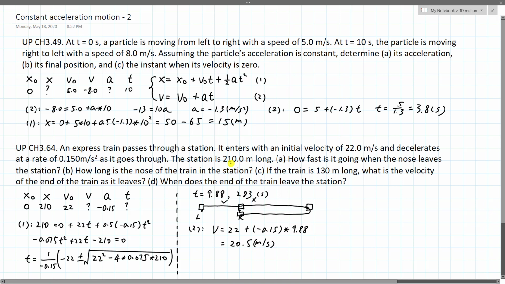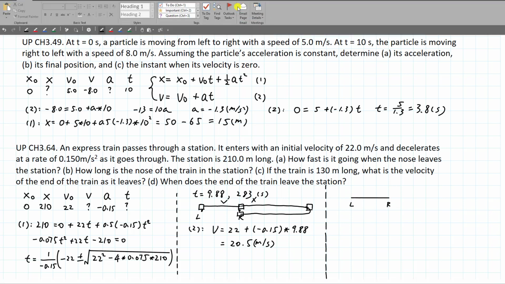So let's partition our space, and we'll do a detailed diagram here. So assuming that this is actually the station's left and right side, and we have the train here.